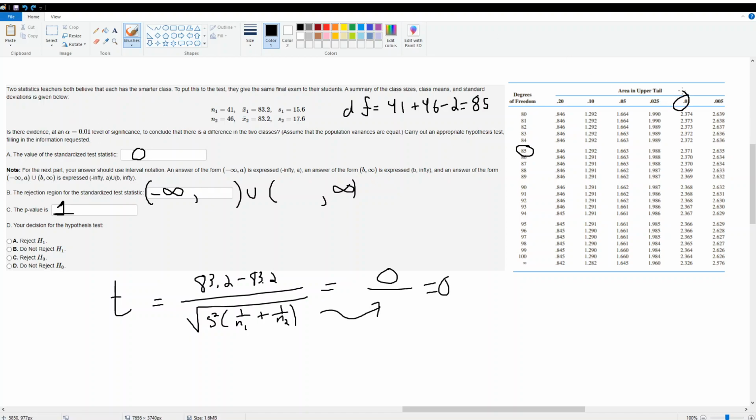If you choose 0.01, you're going to get it wrong because this is not one-tailed. This is two-tailed because we're looking for a difference in the two classes. Therefore, we take alpha over 2 in the upper tail, because we have to have an equal amount in each tail. These two have to add up to 1%. So therefore, we have 0.005 in the upper tail, which corresponds to a critical value of 2.635.